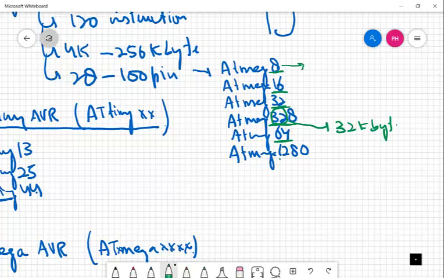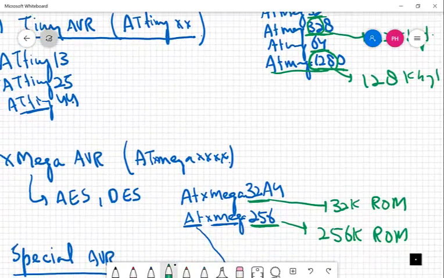In this case, the biggest number is not 1280 because 1280 is not a power of 2, only 128, so this microcontroller has 128 kilobytes of ROM. This rule has some exceptions, but in most cases it is valid that from the last number we can deduce the amount of ROM a particular microcontroller has.